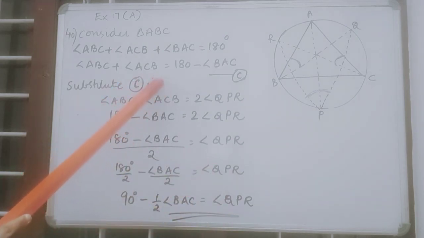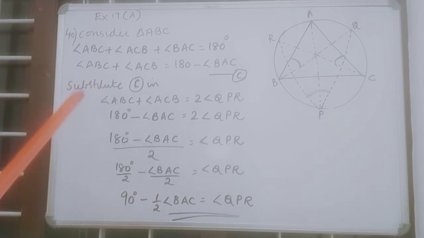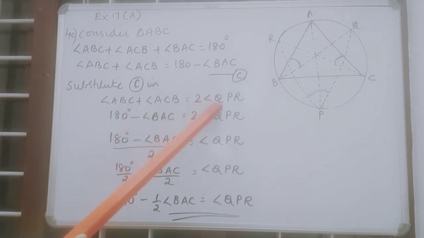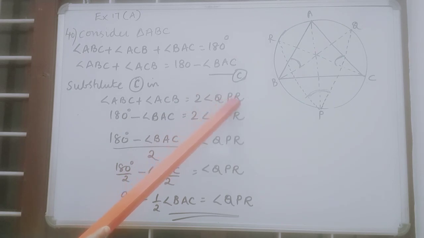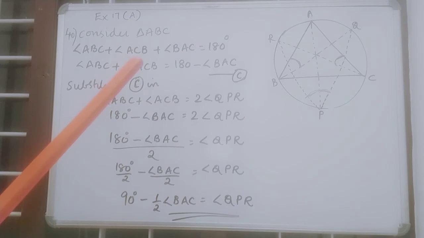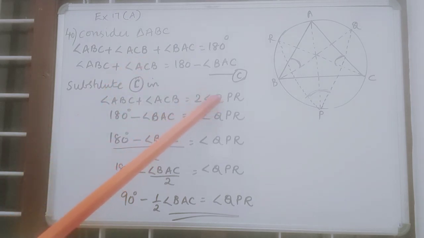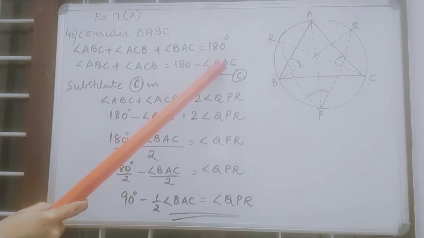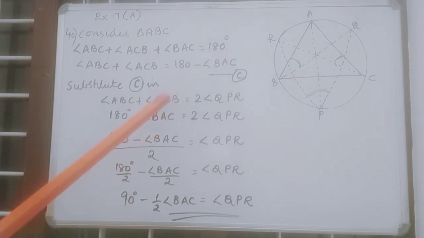Substitute C in the equation we solved just before this: angle ABC plus angle ACB is equal to 2 into angle QPR. We got this angle QPR by adding the first two. So substitute equation number C in that equation.